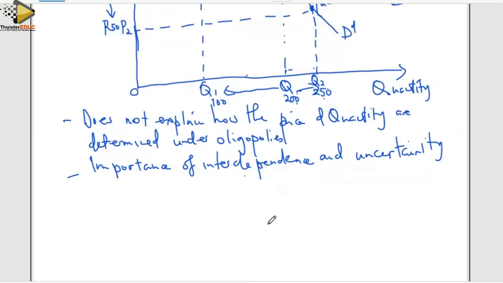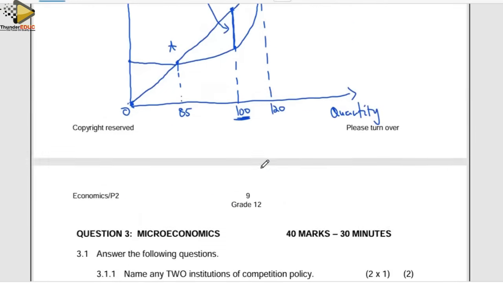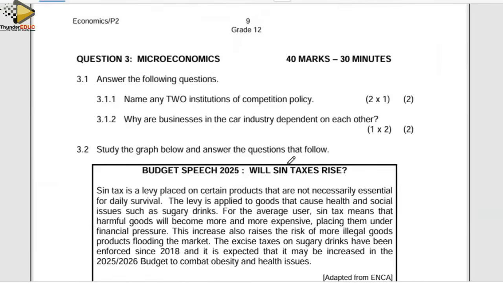Right, that was question number 2.5. And that takes us to the end of question number 2. We move on to question number 3. Question number 3, the first question is saying, name two institutions of competition policy. Right, under competition policy of South Africa, we have the Competition Commission.